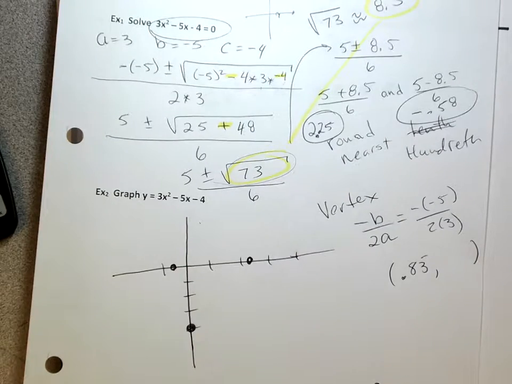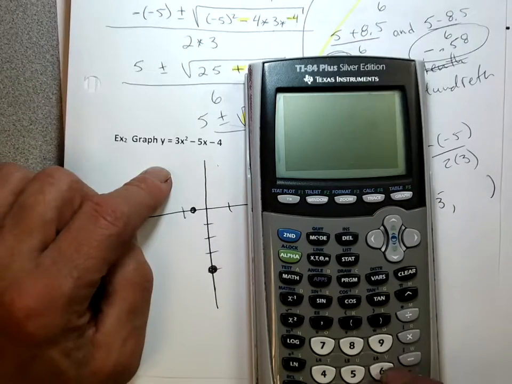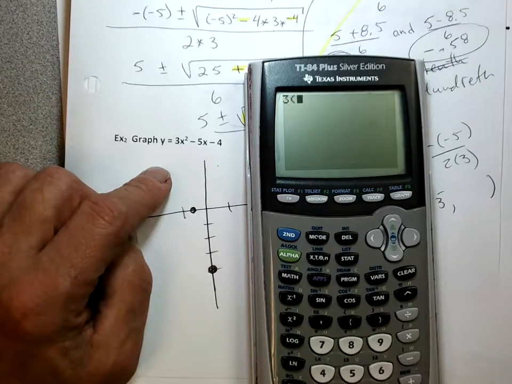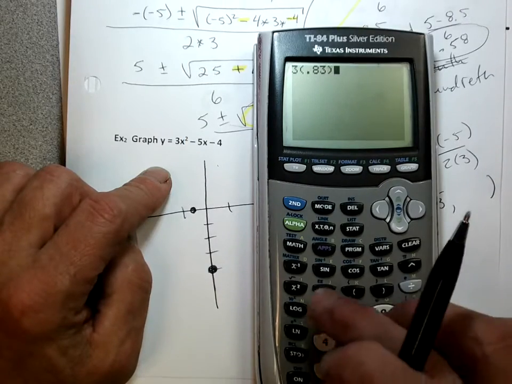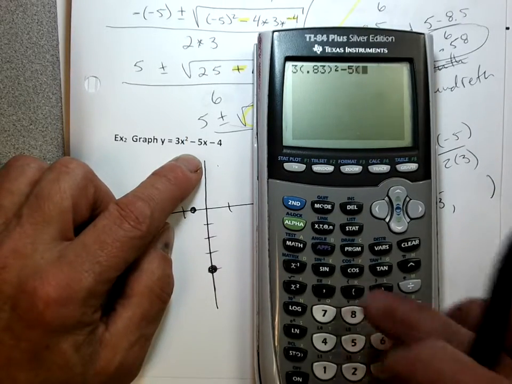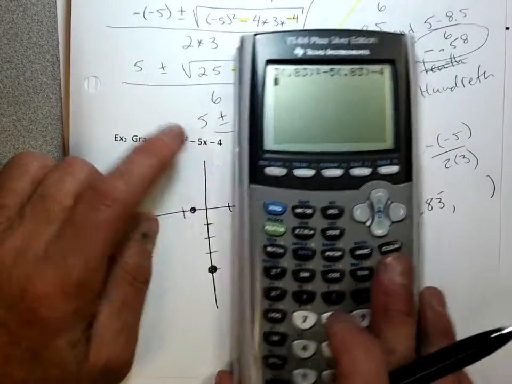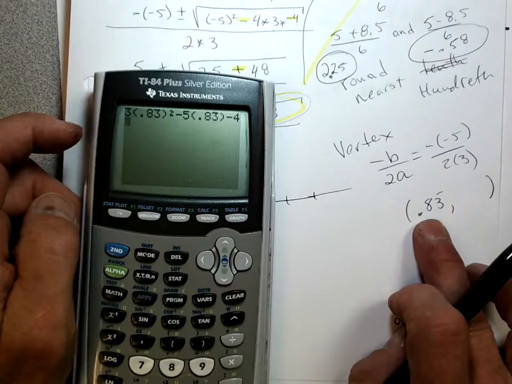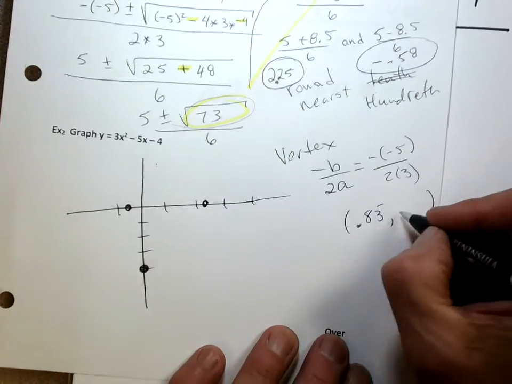So let's let my calculator do the plugging in. I'm going to go 3, plug it in, 0.83 quantity squared minus 5 times 0.83, subtract 4. Yeah, that's the x value of the vertex. So I get a negative 6.08.